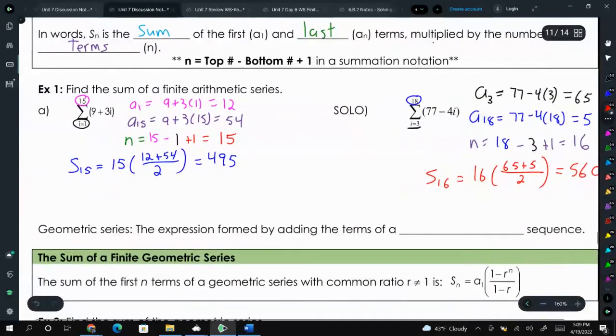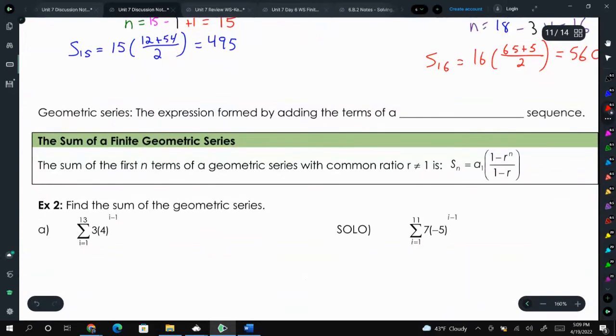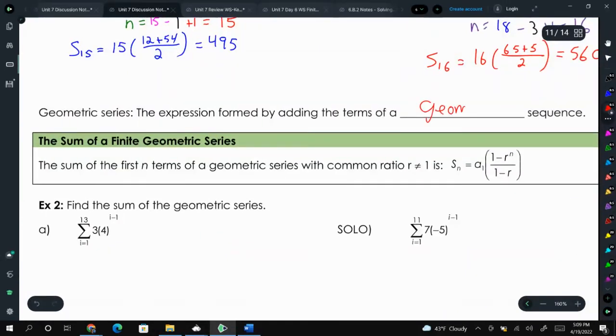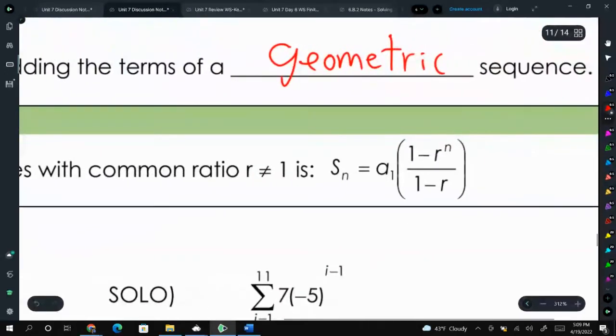Now, a geometric series is the expression formed by adding terms of a geometric sequence. And just like with the arithmetic sequences, we do have a formula to calculate the sum for geometric sequences.